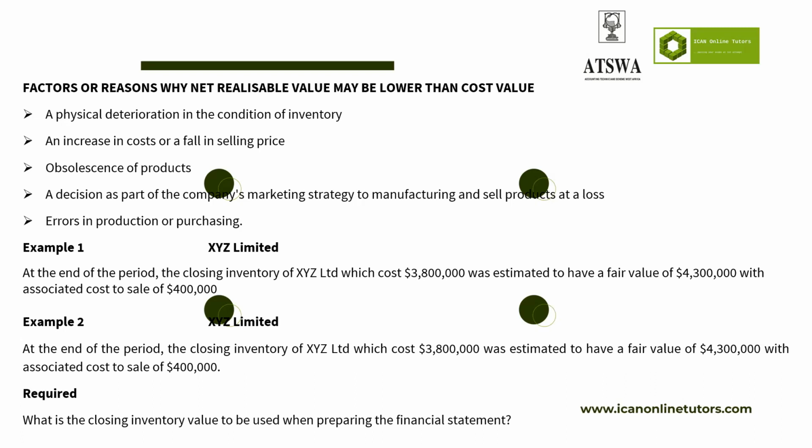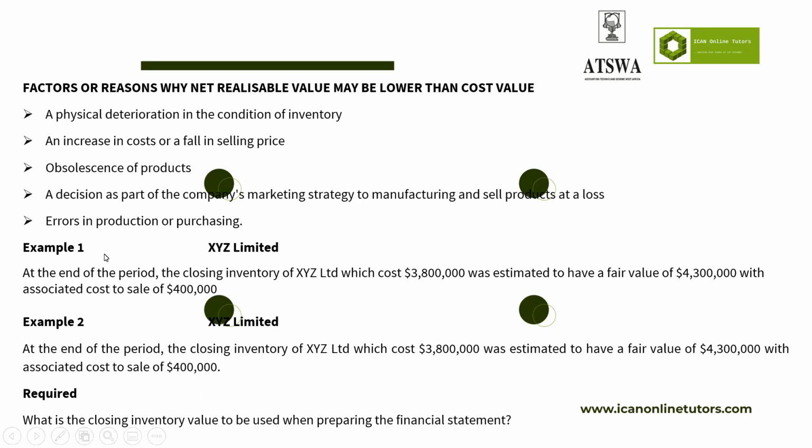They will sell at a lower price so as to encourage sales. By so doing, people will consume more, but the entity might run at a loss. Error in production or purchasing, maybe by way of scrap products. Thereby, you cannot sell scrap products at the same price you would sell a very good product.